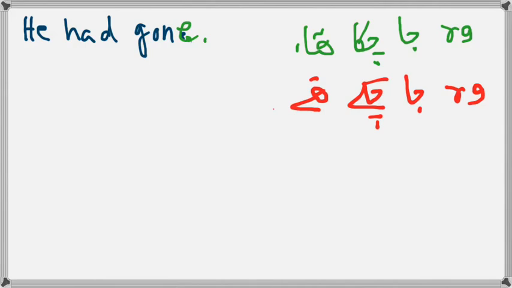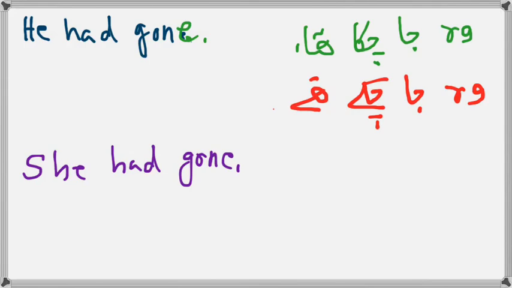Female version is she had gone. Informal वो जा चुकी थी.